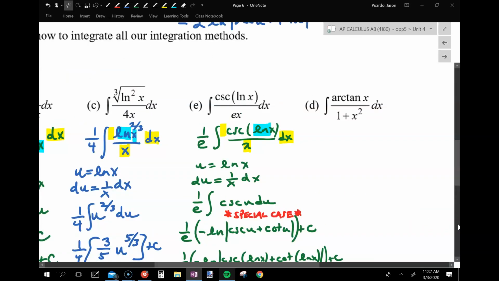I didn't do this one for some reason ahead of time. Did I? 12. There it is. Okay. All right, gonna rewrite it.